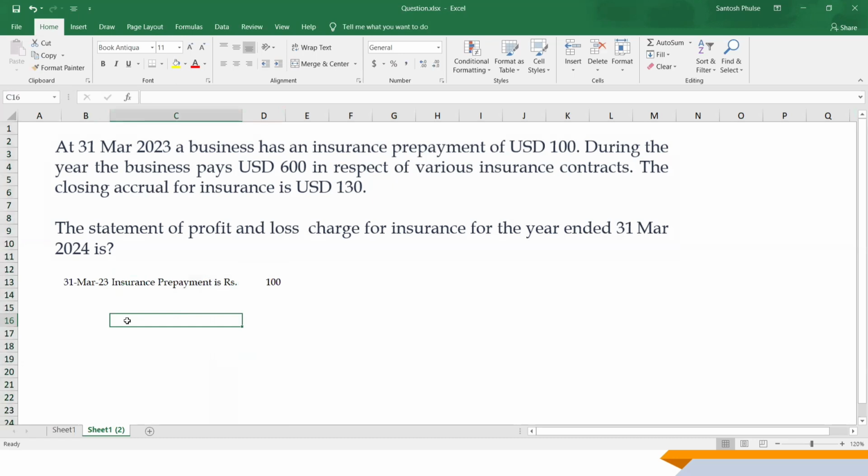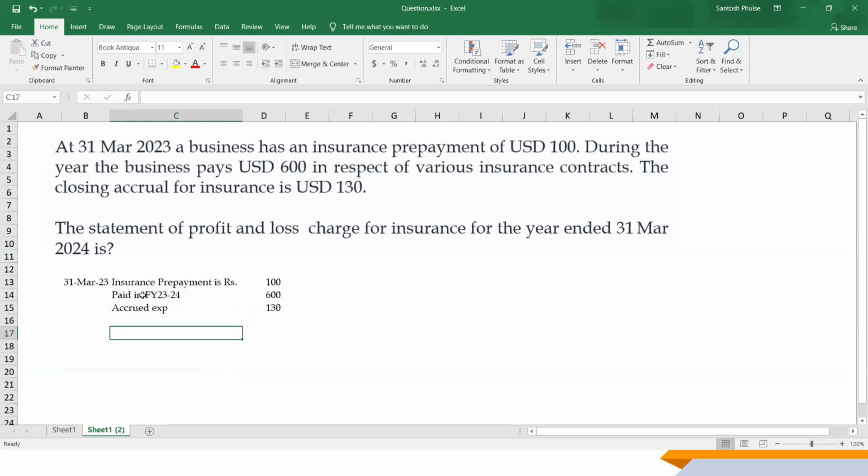During the year, the business pay USD 600. So paid in FY 23-24, that's the 600. The closing accrual for insurance. So the accrual, that's the accrued expenses for this financial year is 130.